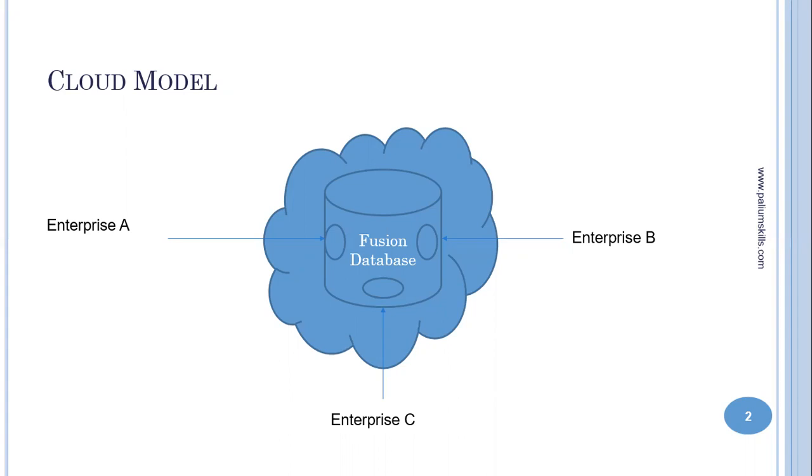So that is why customization is very, very limited in the case of cloud software. The only thing that is allowed is more like configuration, which are specific changes that are applicable only for the customer.